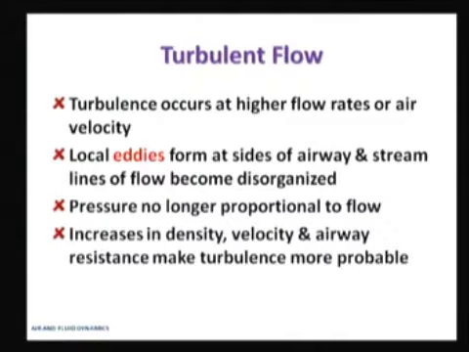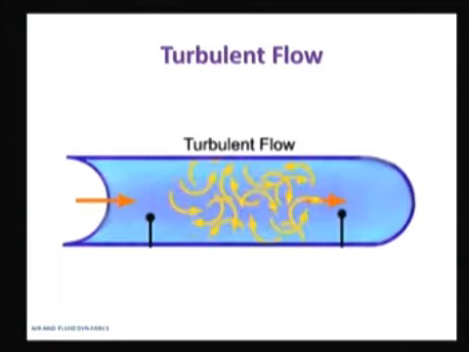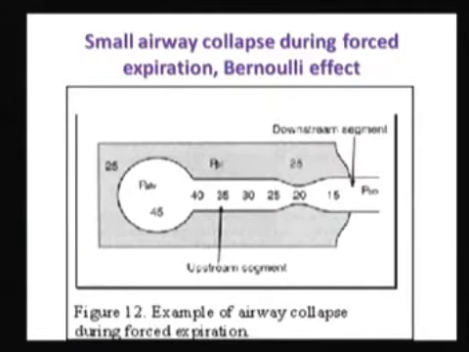Turbulent flow occurs at higher flow rate, and it causes local eddy currents like this, which will go on to break up the secretions if the flow is at high lung volume or a high flow rate. Another physical fact is Bernoulli's effect.